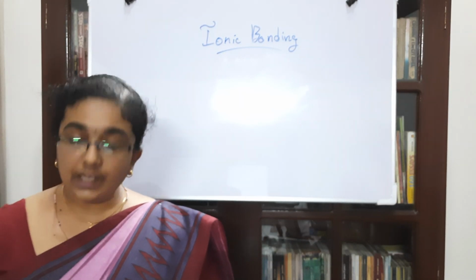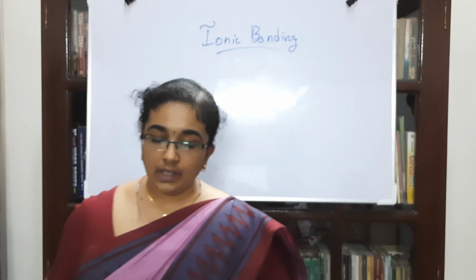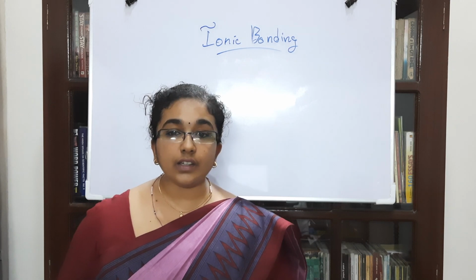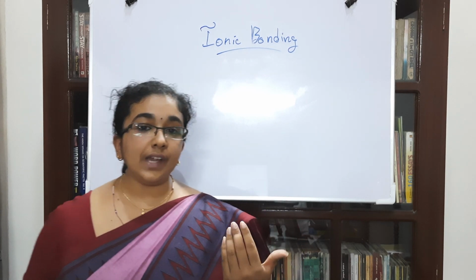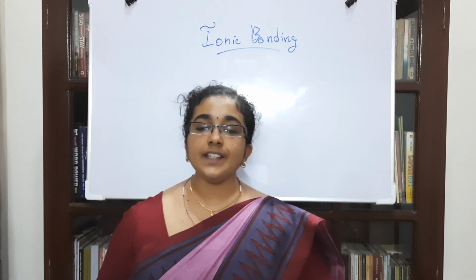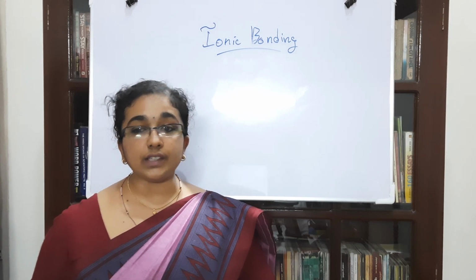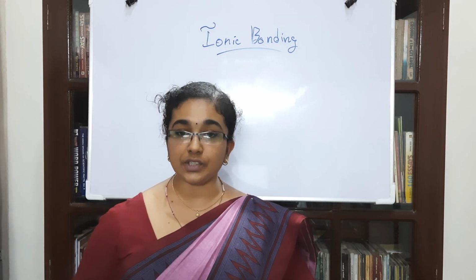So now, to conclude, ionic compounds are those compounds which are formed by the transfer of electrons. The cations and anions thus formed are held together by electrostatic force of attraction.